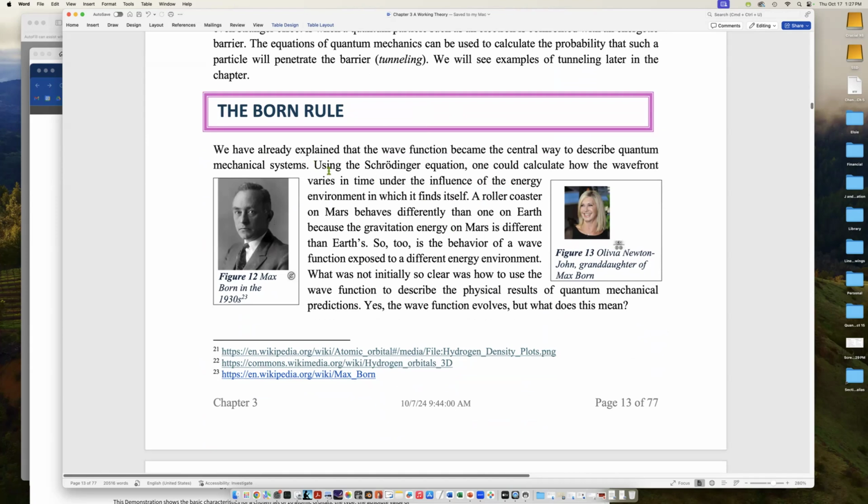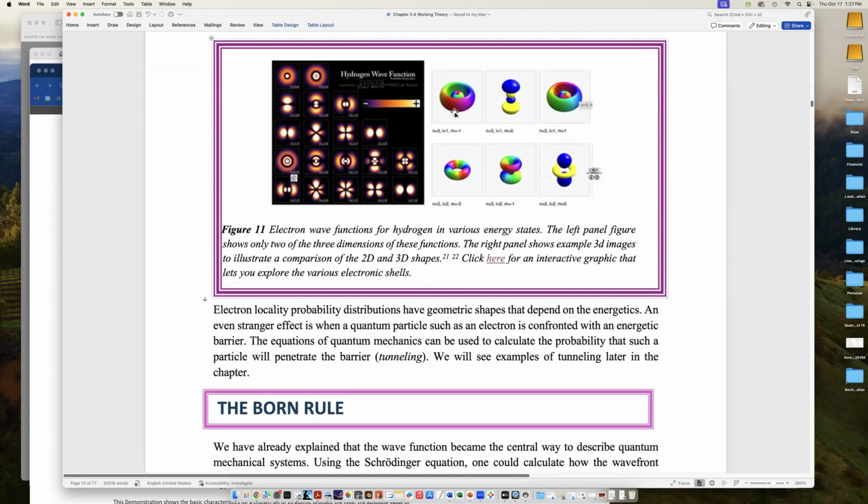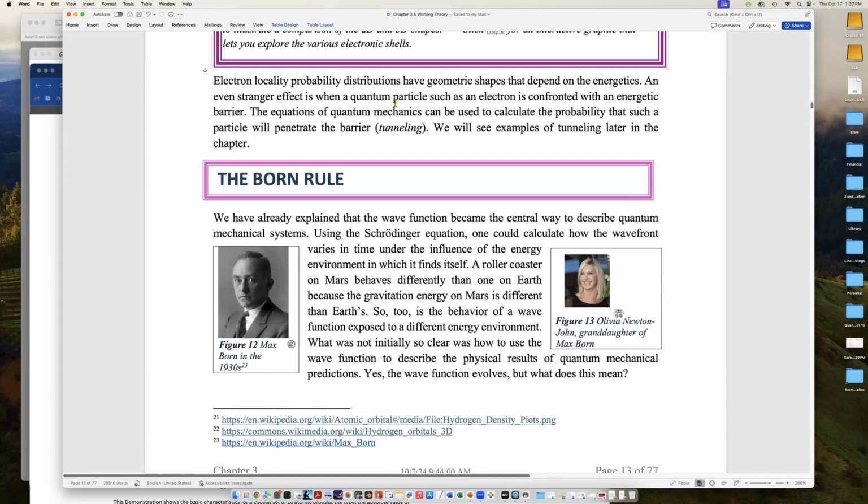So he solved the Schrodinger equation, got the wave function for the system under consideration, and then squared it. There's a little wrinkle to how you do that, but basically it is the square of the wave function, and that gives you the probability of finding the result. These are the squares of the wave functions for the various energy levels of hydrogen.